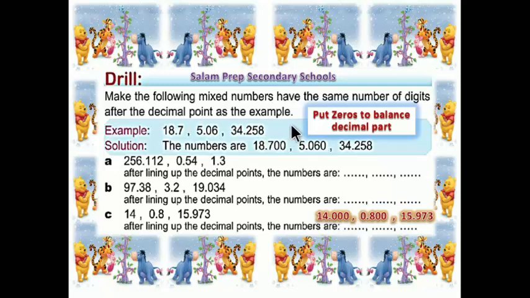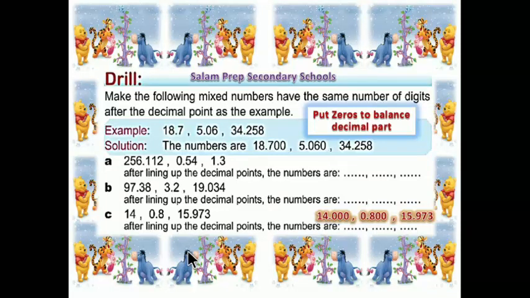The required: put zeros to balance the decimal part. Solution, the numbers are 18.700, 5.060, 34.258.